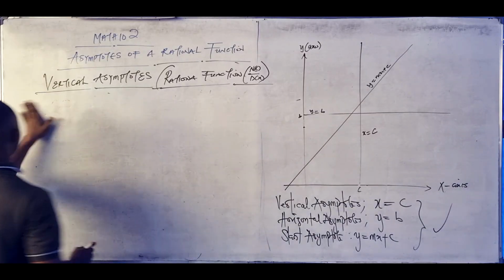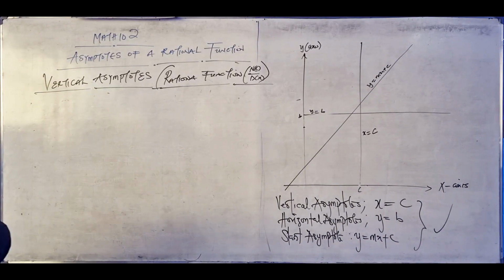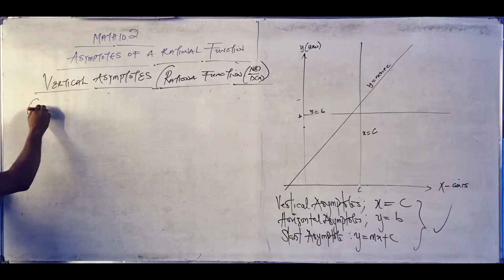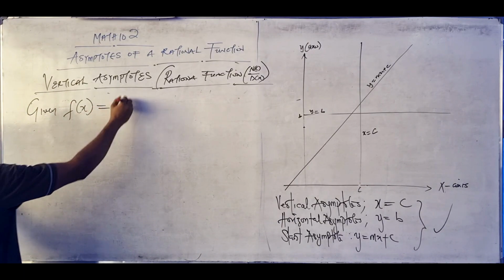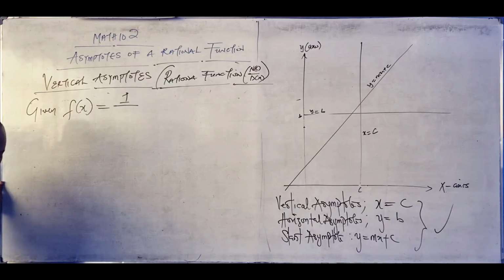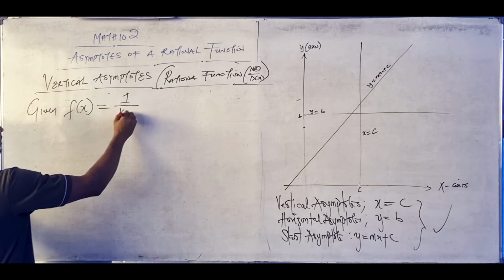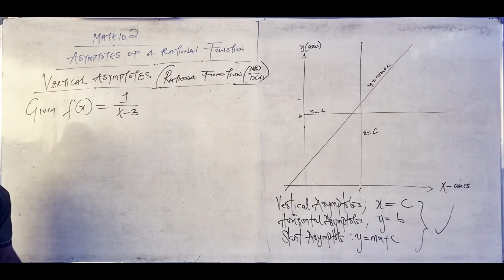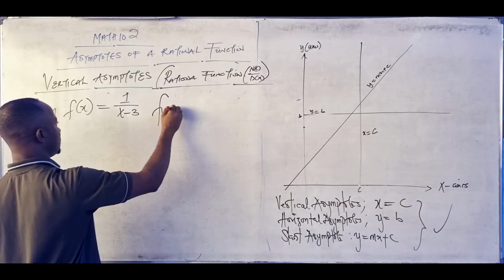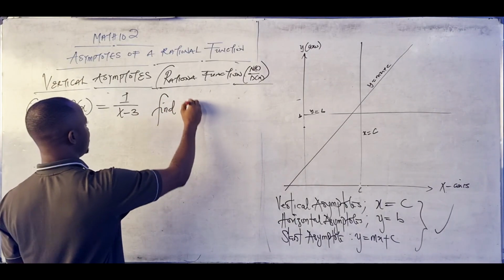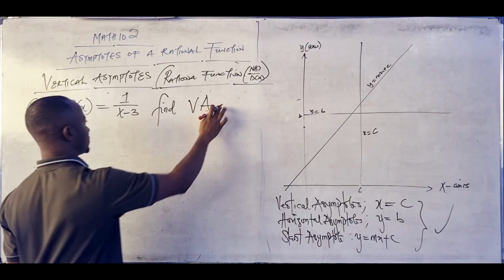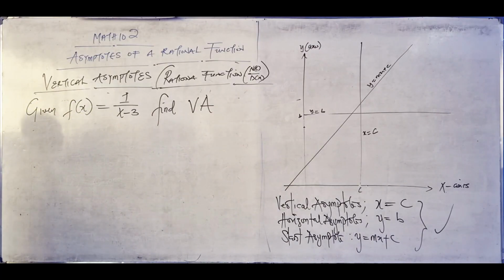Example. If we are given f of x equals 1 divided by x minus 3, and the question says find the vertical asymptotes. VA means vertical asymptotes.